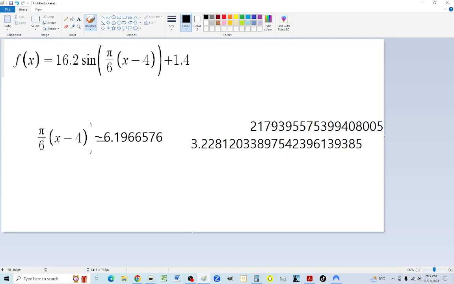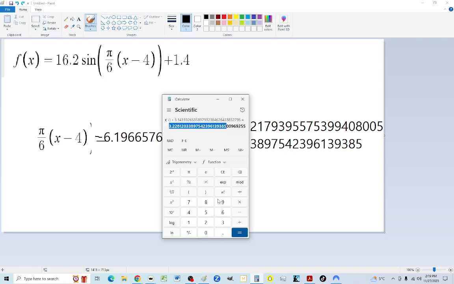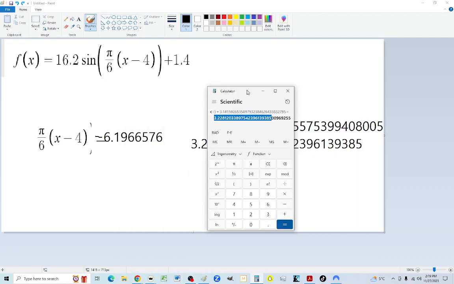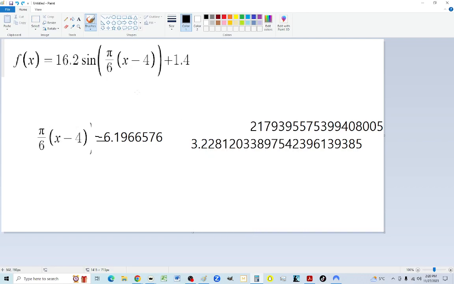That's multiplied by 6 and then divided by pi. There we go. Multiplied by 6, divided by pi, and add 4. So that's my first value of x when it's 0.